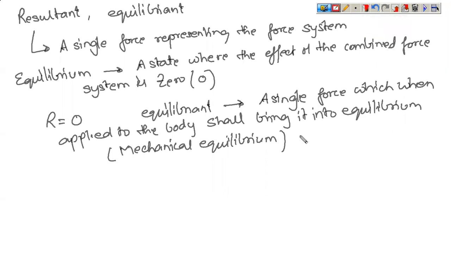This will be the inverse of resultant. रिजल्टेंट को ही उल्टा करके लगा दो तो इक्विलिब्रियंट हो जाएगा, दोनों एक साथ एक्ट करेंगे तो बॉडी इक्विलिब्रियम में हो जाएगी. ठीक। So the equilibriant is the inverse of resultant.